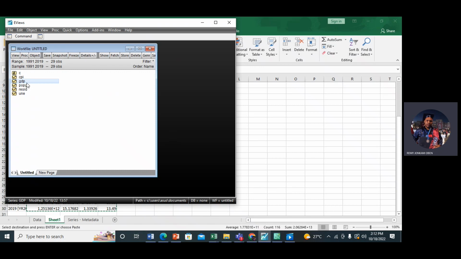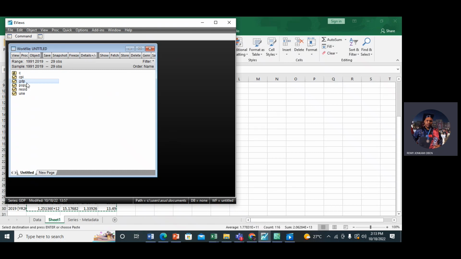So we'll write like this: GDP equals a constant first. Always start with a constant. Beta 0 plus beta 1 CPI plus beta 2 population growth plus beta 3 unemployment plus error term. So this is how we are going to write our equation.